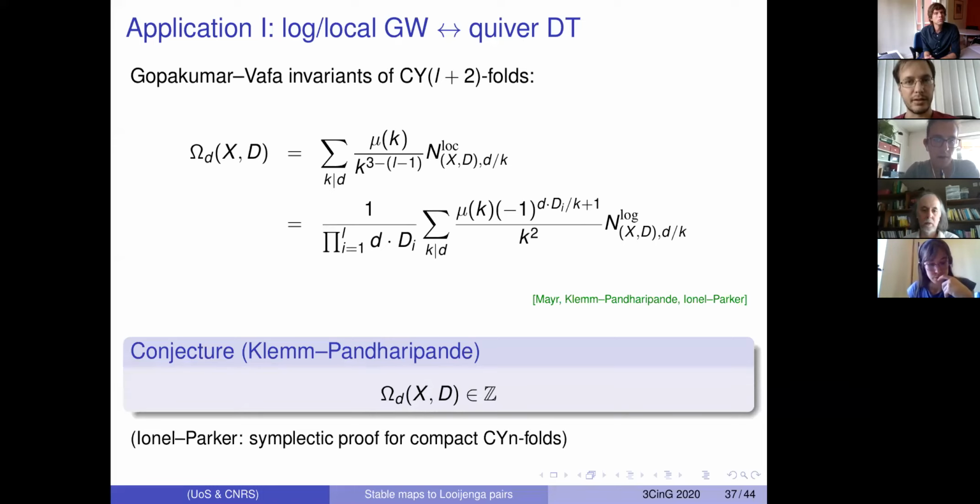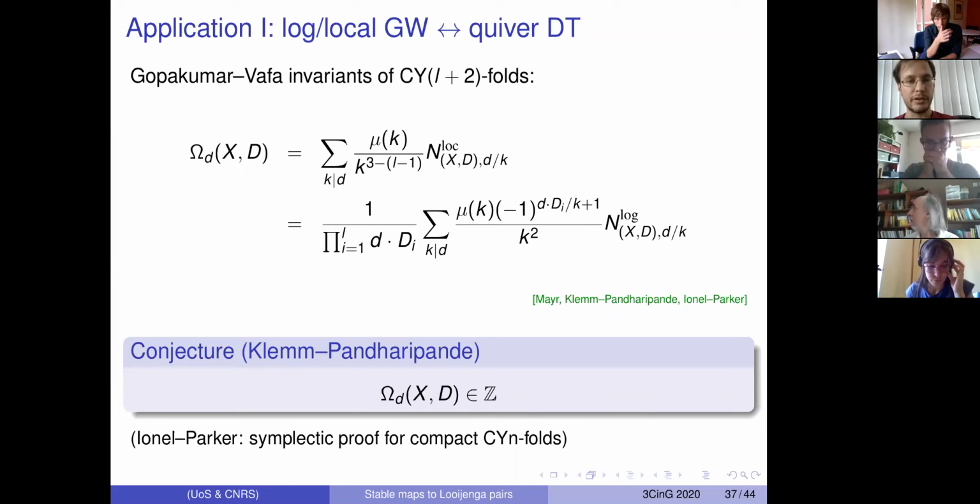And for L greater than 1, these higher dimensional Gopakumar-Vafa invariants were considered exactly in this way by Klemm-Pandharipande and conjectured to be integers. A conjecture that was later proved by Ionel-Parker with symplectic methods in the compact setting.